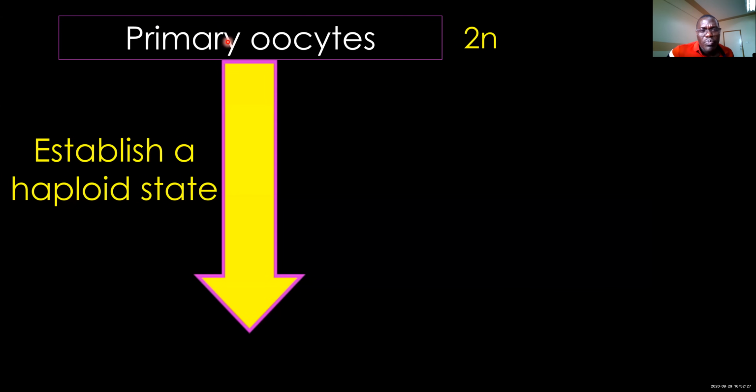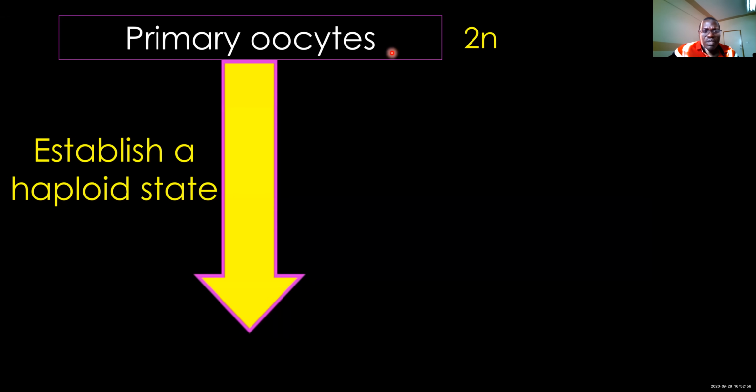Now, the primary oocytes are there in the ovary of this fetus. This fetus is not yet born. What happens to the primary oocytes? Remember, primary oocytes are the results of what happened after mitosis. It means that they are diploid cells.